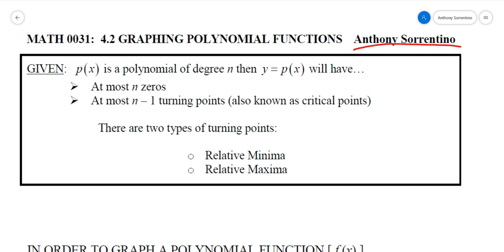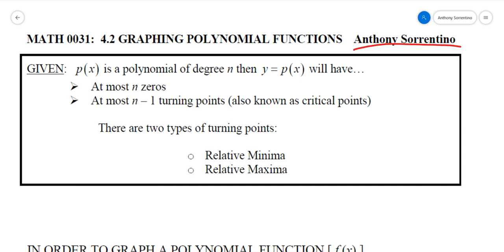So we're going to find a procedure here. There are certain things that we need to find, and those things will help us determine not only what points to use to determine what the graph looks like, but also how to scale our graphs and things of that nature as well.